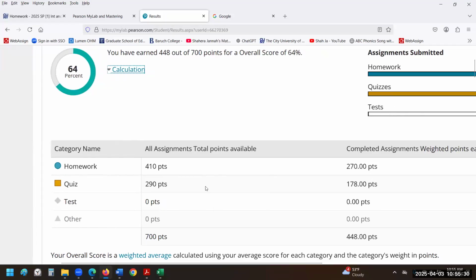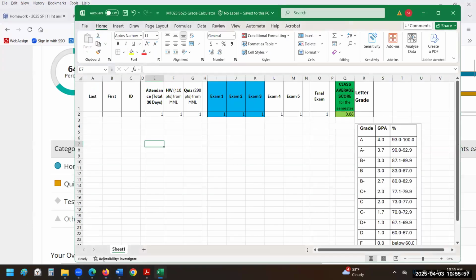So this is how much you completed so far based on how many points. Total in this semester you have to do 410 points in the homework, 290 points on quiz, total 700. So far we have 270 and 178. You get these numbers from My MathLab and you place them in the calculator.